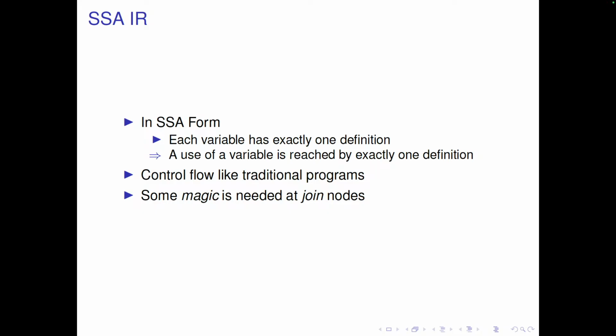When you are converting, in your original program there are multiple assignments like here. So there is some magic needed to create SSA form. I cannot ask the programmer to restrict himself or herself. The programmer will still write in C or Python or whatever language. I have to convert that program, which has multiple assignments to a variable, into a form which only allows a single assignment to a variable. So I need some magic.